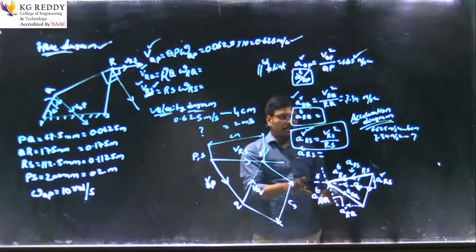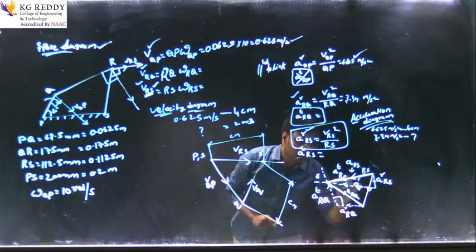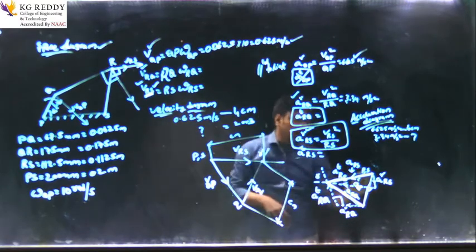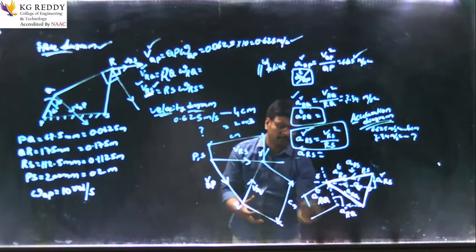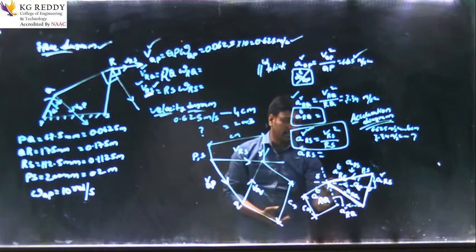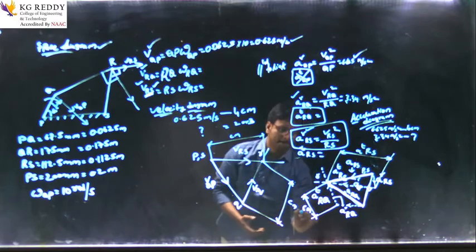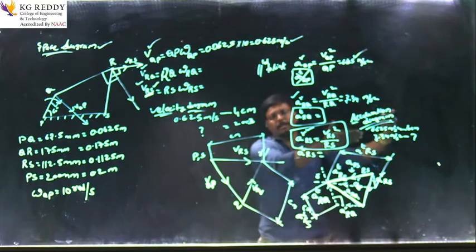So from here I got a triangle shape, this is the triangle shape, finally we got it. So from here we can get the tangential component in centimeters, and here also the tangential component in centimeters. Okay, so centimeters we have to convert again into meter per second square.